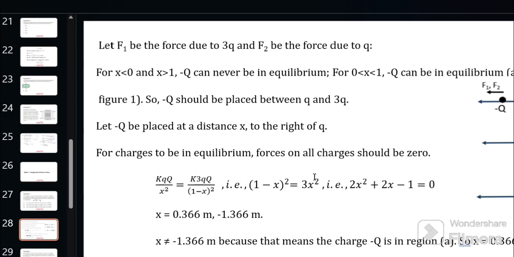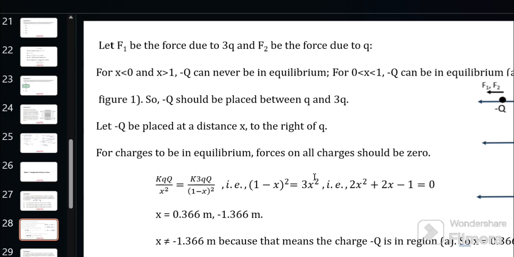One is 0.366 and the other one is minus 1.336. Basically minus 1.336 is not possible because it will be outside, it will not be in the center of the two charges, which will again not be in equilibrium.